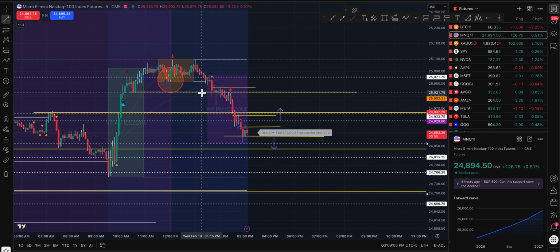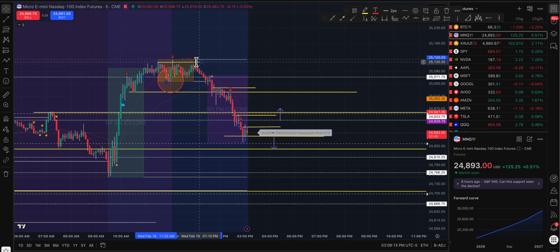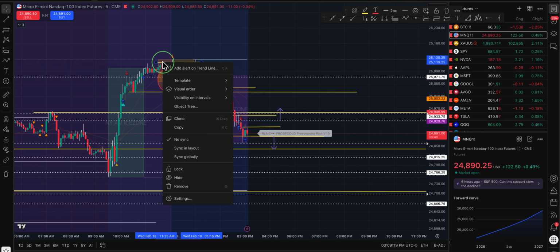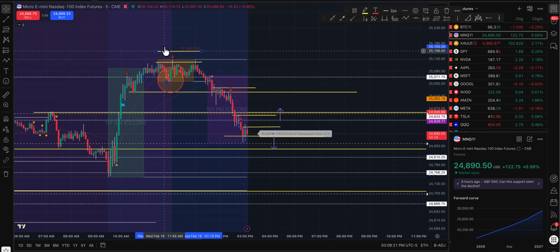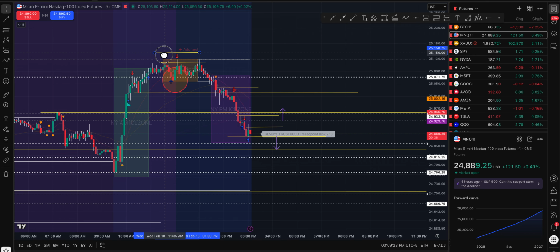So I would draw a line at the highest level before it started reversing, and then the lowest level before it started reversing is this line.